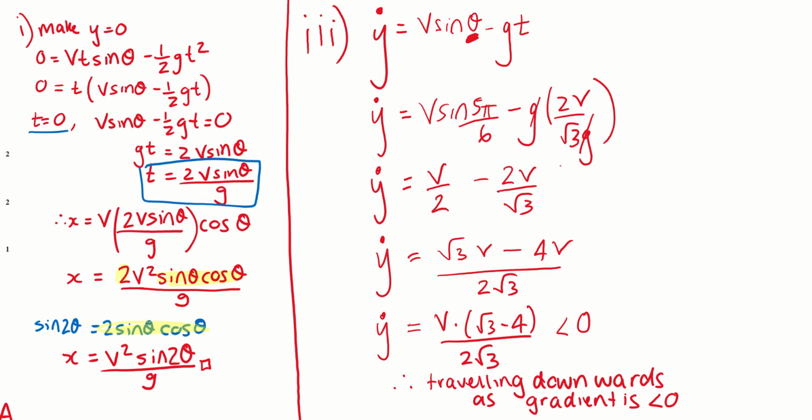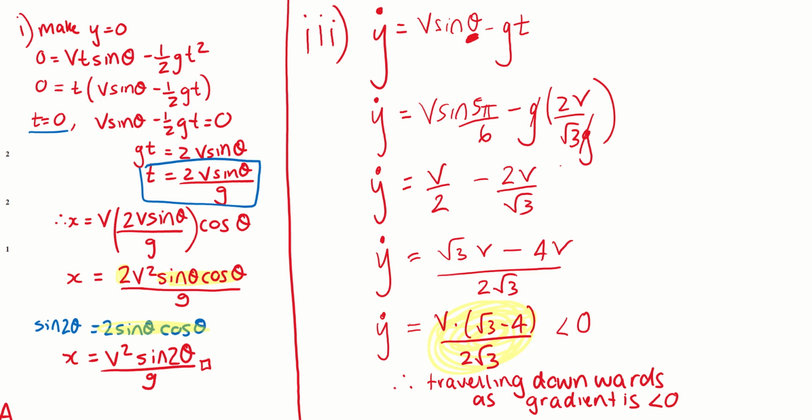Cleaning things up, I end up getting this down here. And looking at that, I went, oh god, this isn't helping me much. But when you really think about it, and you can put it in your calculator, you're going to get a negative answer because square root of 3 is definitely less than 4. So when you subtract 4, I'm going to get a negative value. Whatever v is doesn't matter because I have a negative timesing by it. So that tells you that the gradient is negative, which means that it's going downhill, which answers the question.